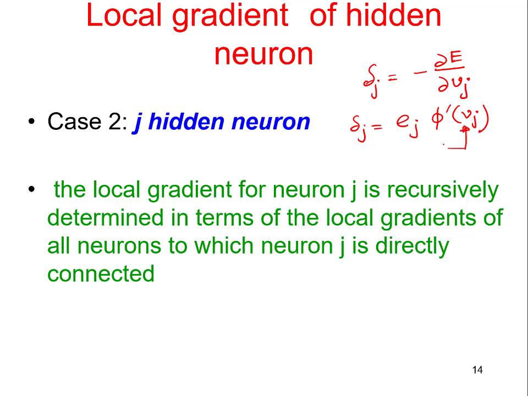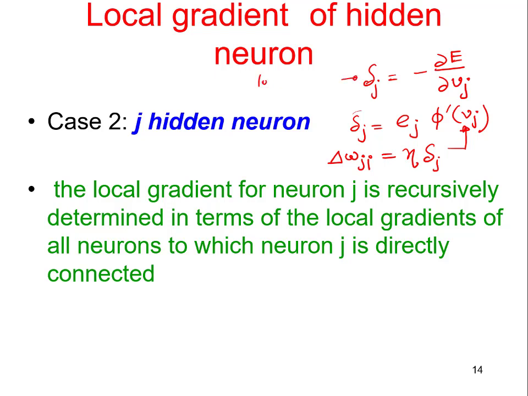In this portion we computed delta j, and the weights of the output layer neurons connected with the previous inputs are updated with the equation delta wji, which is nothing but the learning rate eta times delta j, the local induced error.